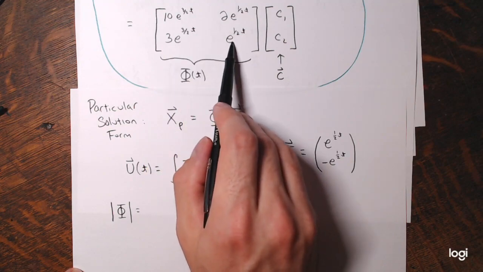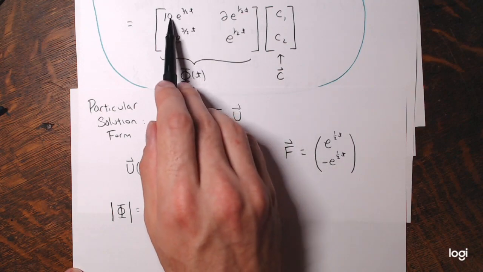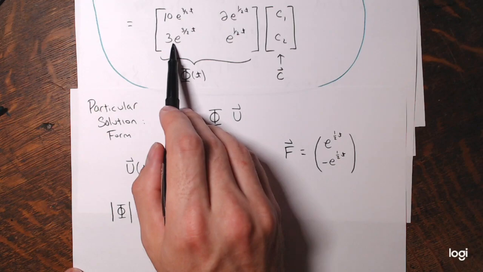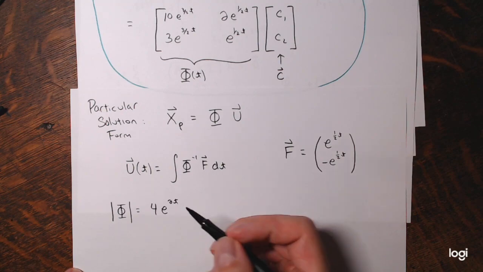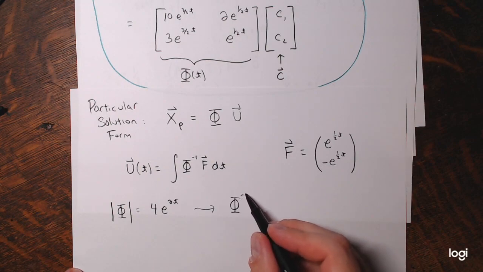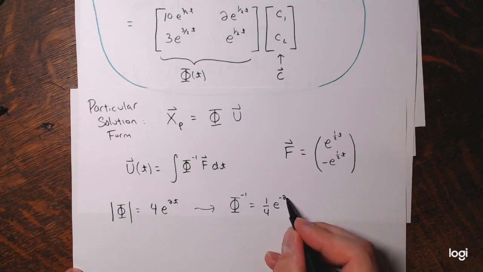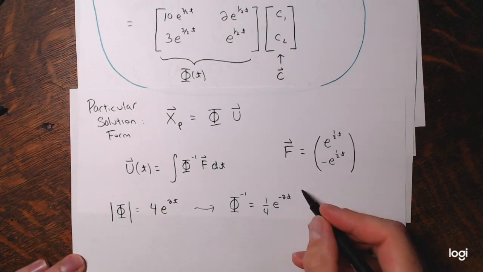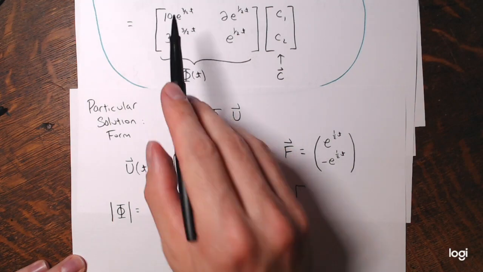So this would be 10 e to the 2t, because 3 halves t plus 1 half t, minus 6 e to the 2t. So that'd be 4 e to the 2t. So putting this together, phi inverse is the reciprocal of this, which would be 1/4 e to the negative 2t, that is, 1 over 4 e to the 2t, times the adjoint matrix. Remember for a 2 by 2 it's easy, you just switch the main diagonal entries.